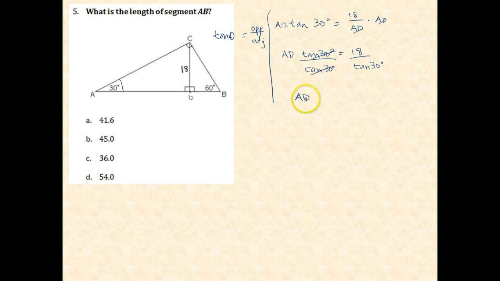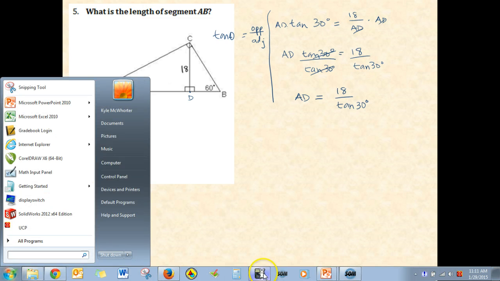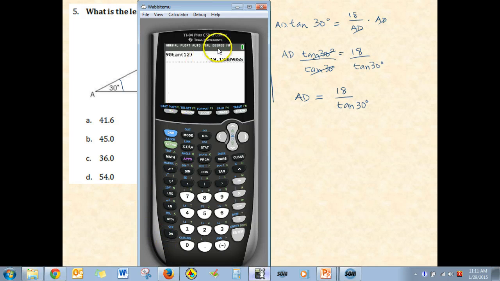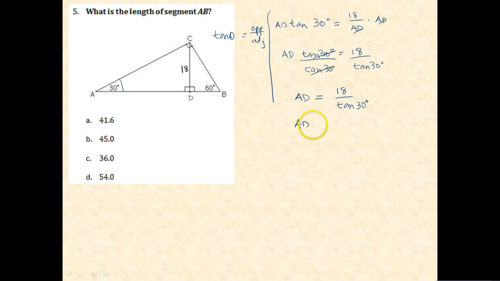So the length of segment AD is 18 divided by the tangent of 30 degrees. So I just grab my calculator, make sure I'm still in degrees, and do 18 divided by the tangent of 30. And that's about 31.2. So AD is approximately equal to 31.2.